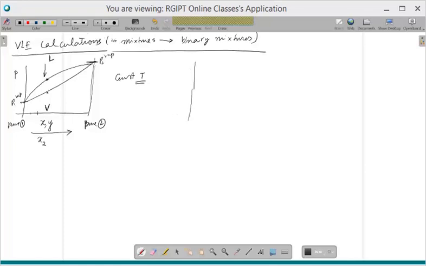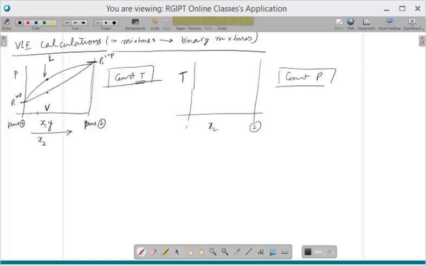You can do the same thing at constant pressure. Rather than measuring dew point pressures and bubble point pressures, you measure dew point temperatures and bubble point temperatures at constant pressure.